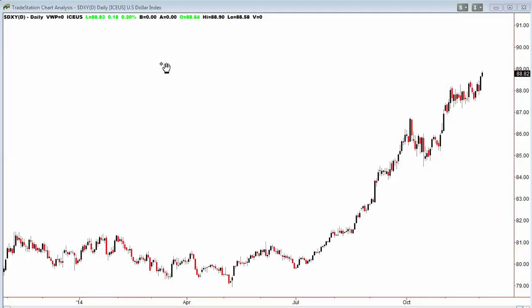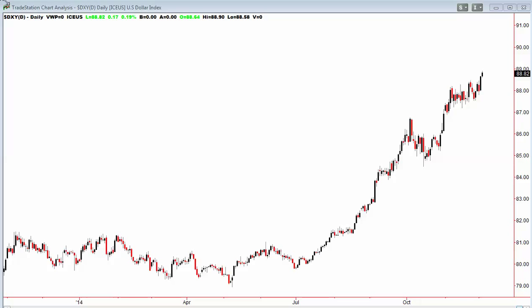So this is the current chart of the US dollar index. As you can see, the index is showing that the US dollar has been strengthening. So what we would expect is the rest of its trading partners, so for example GBP, the Canadian dollar, the Japanese yen, those should be coming down.